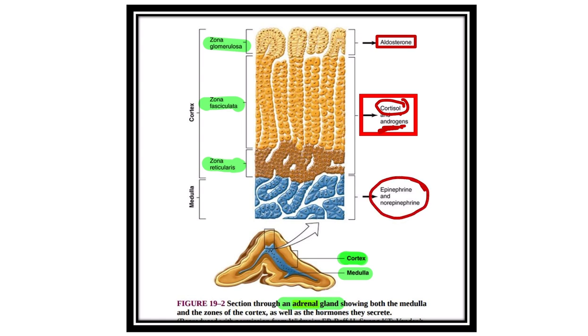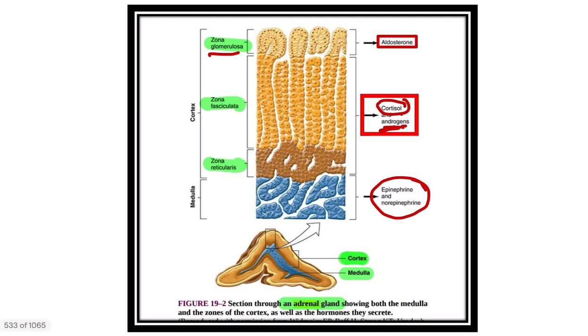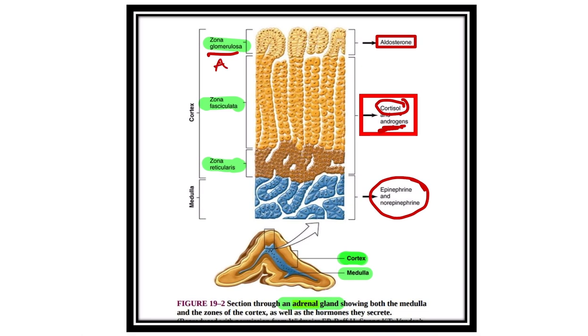So again, zona glomerulosa releases aldosterone. Zona fasciculata releases cortisol, and zona reticularis releases androgen.